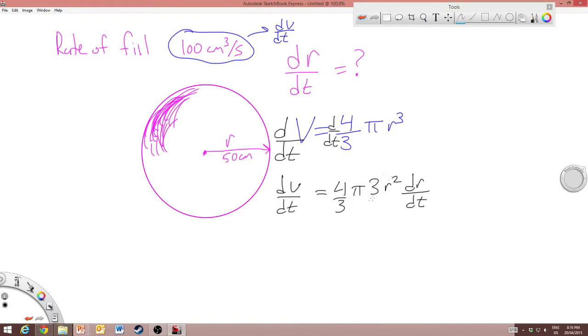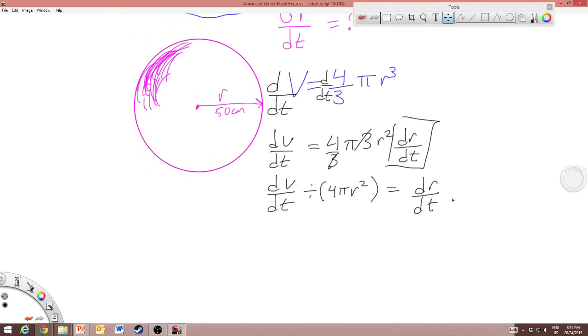Right, after some simplification, we get the following. We'll bring all of this over to the other side, because we really want to get dr/dt by itself. So we'll get, see, the 3's will cancel out. So we get the following. dV/dt divided by 4 pi r squared is equal to dr/dt.